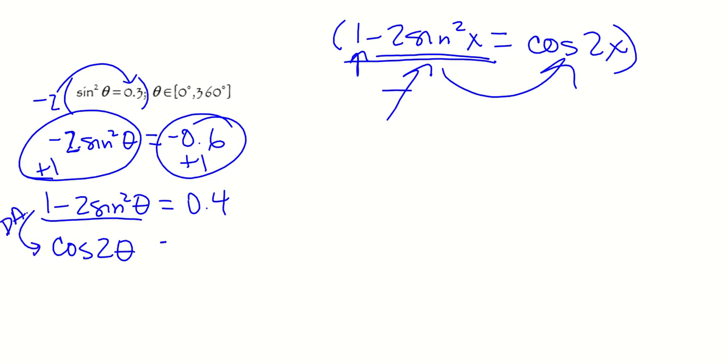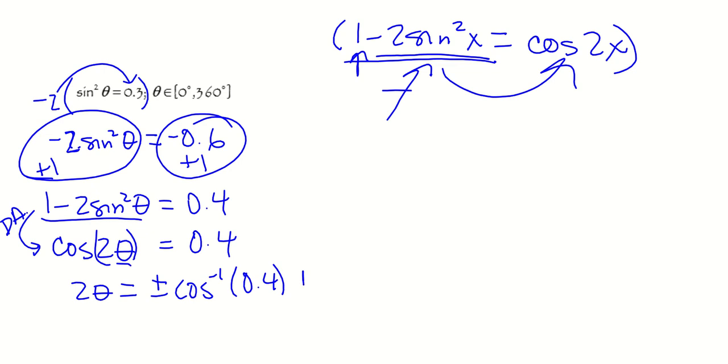So I have the cosine of 2 theta equals 0.4, right? That's inside my cosine. I'm trying to find theta, so I take the arc cosine of both sides, and I get 2 theta equals plus or minus inverse cosine of 0.4 plus, we're in degrees, so plus 360 degrees n.